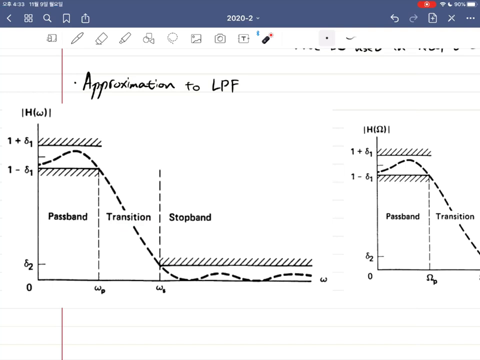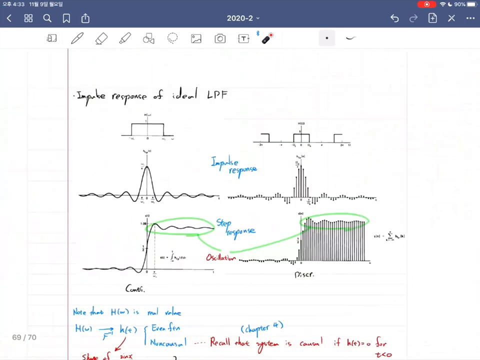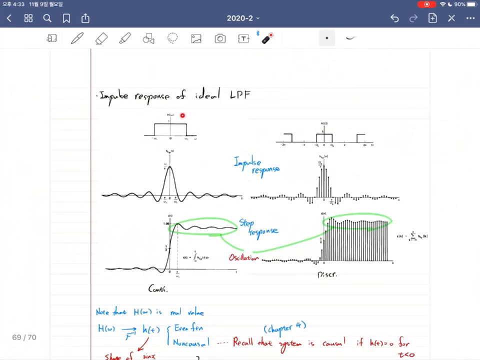two cutoff frequencies. We have omega p, which is called the passband cutoff frequency, and omega s, which is the stopband cutoff frequency. And the ideal LPF has a rectangular shape, and this causes this kind of oscillation in the time domain.